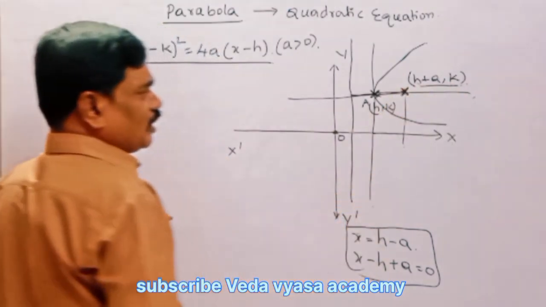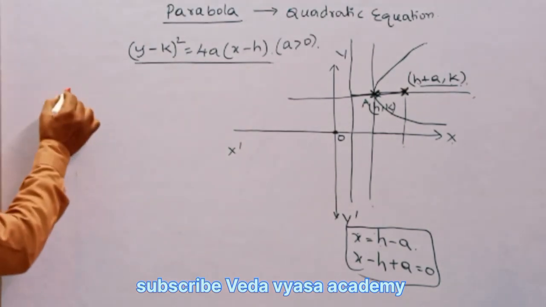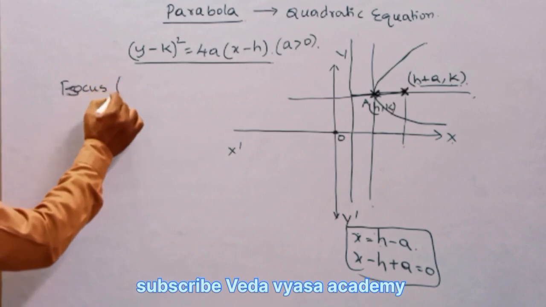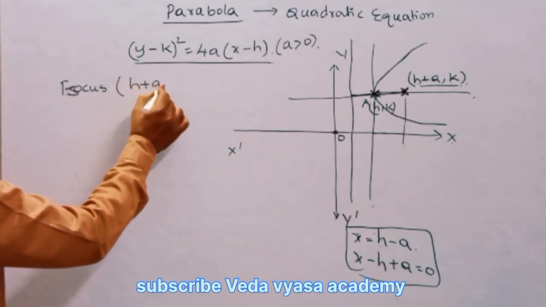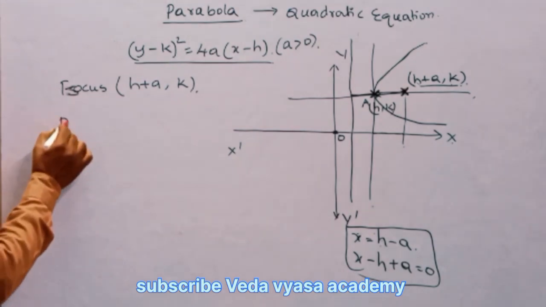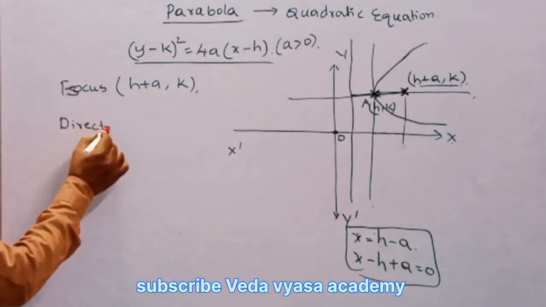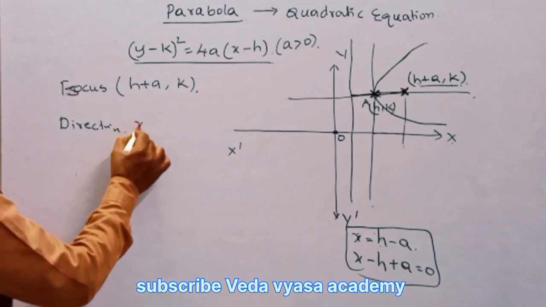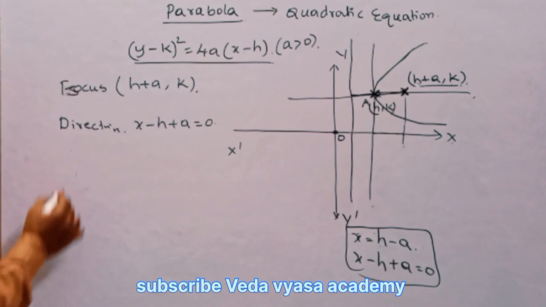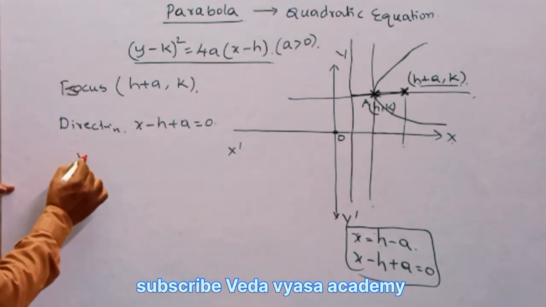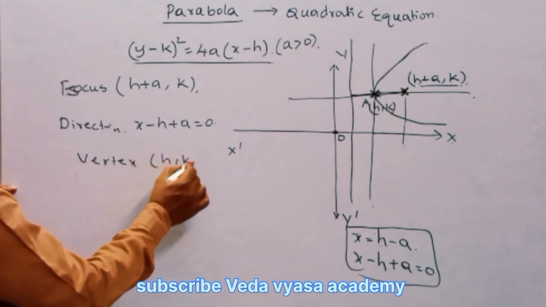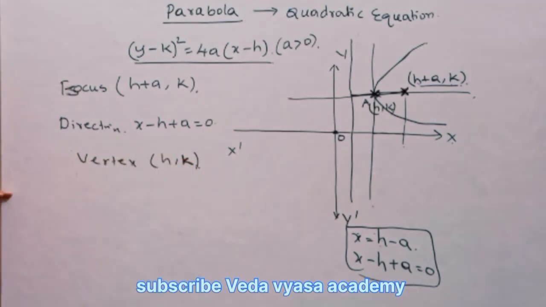So the focus is (h plus a, k). And what is the directrix? Directrix: x minus h plus a equal to 0. And the vertex is (h, k).